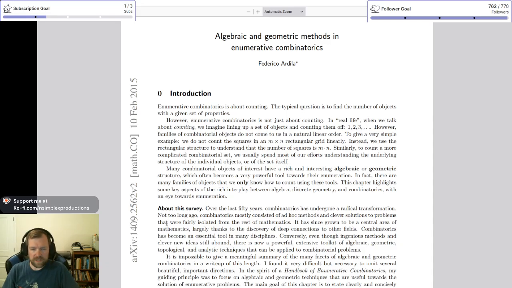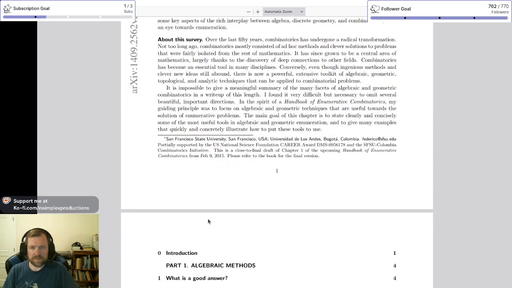It is impossible to give a meaningful summary of the many facets of algebraic and geometric combinatorics in a write-up of this length, 144 pages. I don't think we're covering it all. I found it very difficult but necessary to omit several beautiful, important directions.